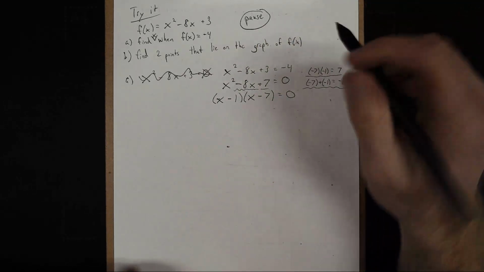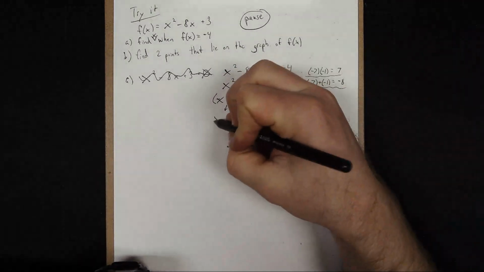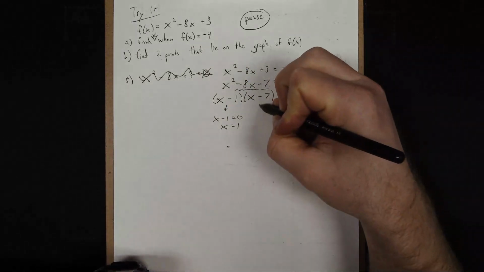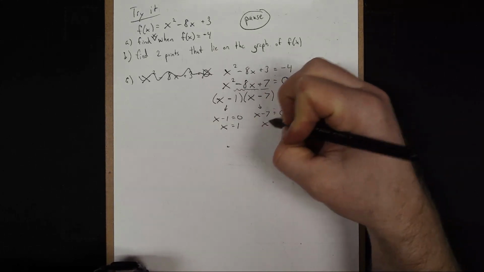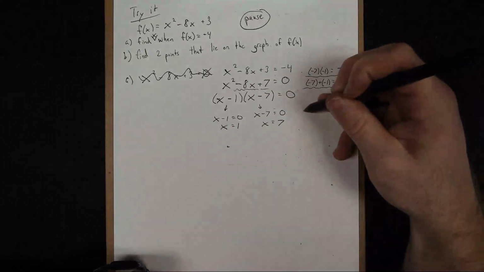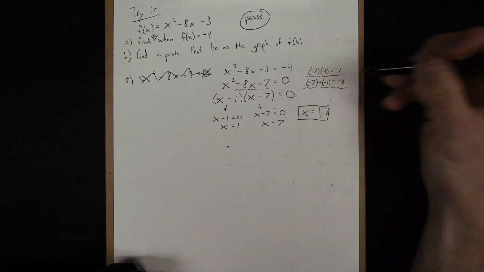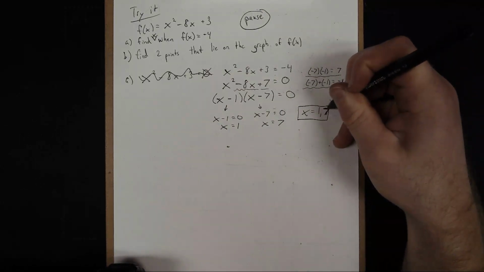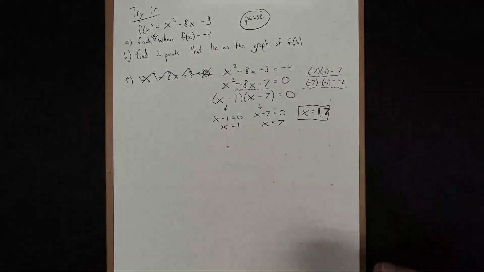So there you go. Okay, so from here, setting each piece equal to 0, x minus 1 equal to 0, x would be 1. x minus 7 is equal to 0, got x equals 7. So there's our x values. So x equals 1 and 7.